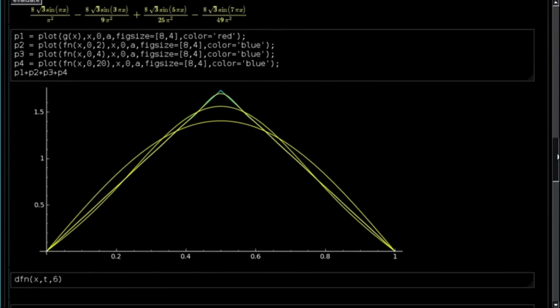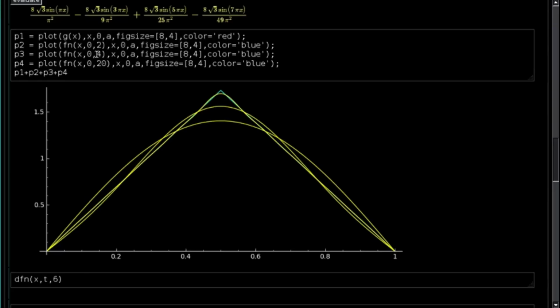Now the plot that I'm showing you here is a combination of 4 things. First, it's the initial conditions shown in red. That's the curve that's underneath here, the tent. And I'm also showing you this approximate wave function when I truncate the sum at 2, just the first term. That's this poor approximation here, smooth curve.